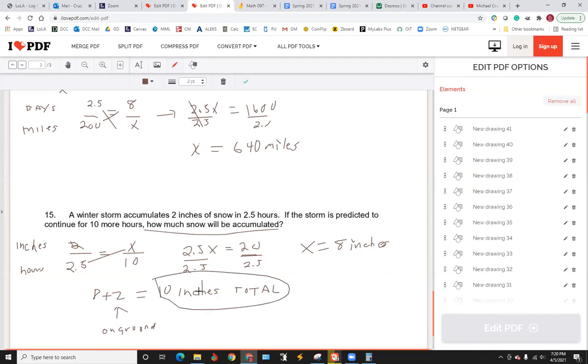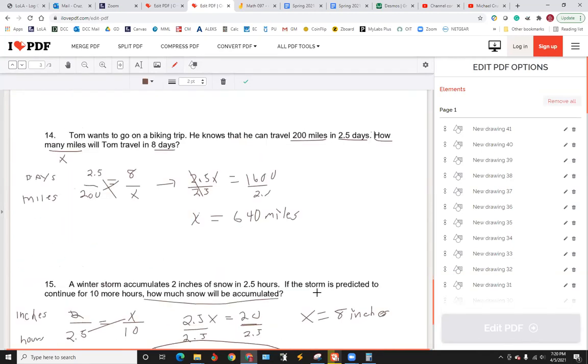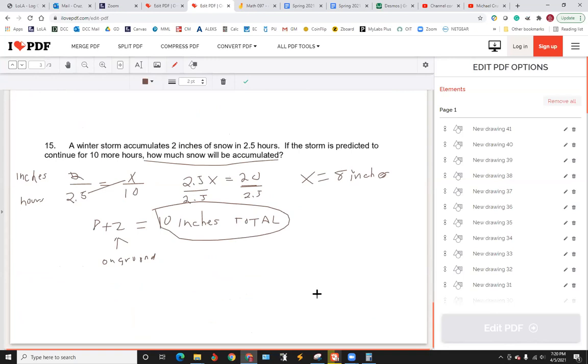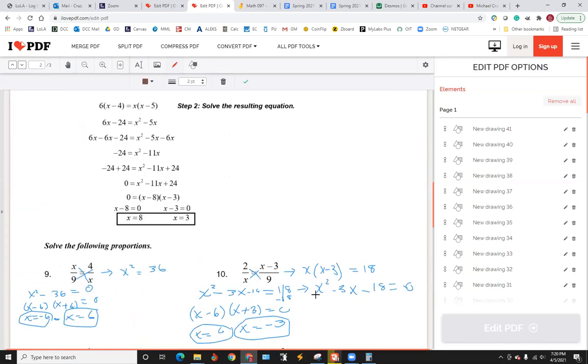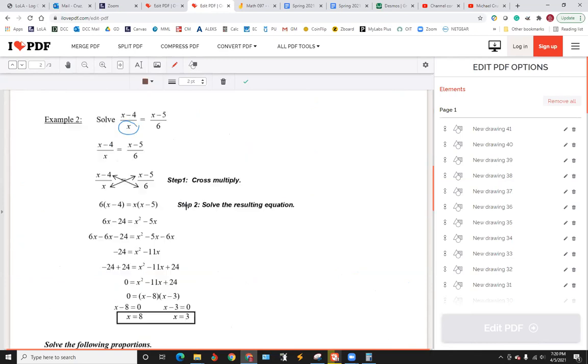Yeah. Okay, so just watch that, because it's easy to just do that first part and then forget. So see, these are pretty easy to set up, and like I said, they all end up being like the first 6 problems of the first example.